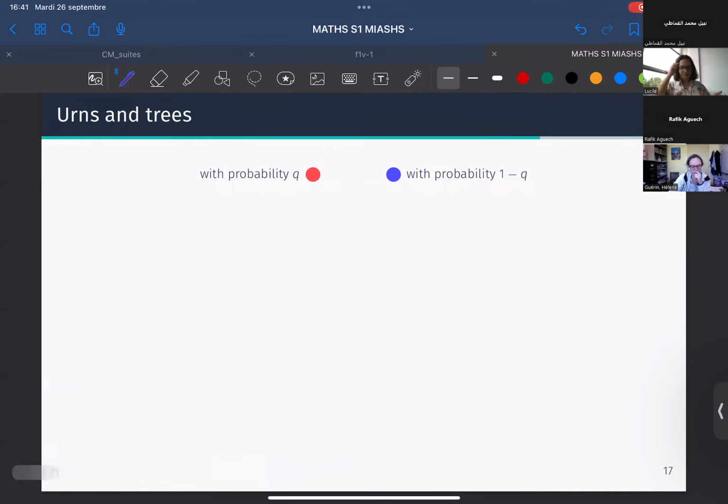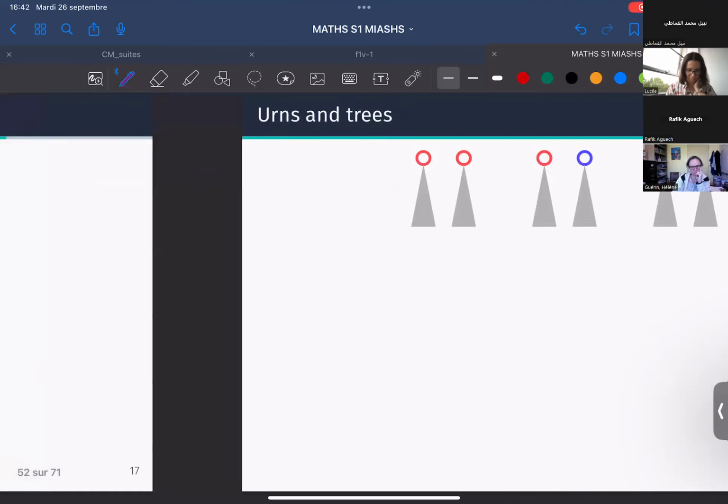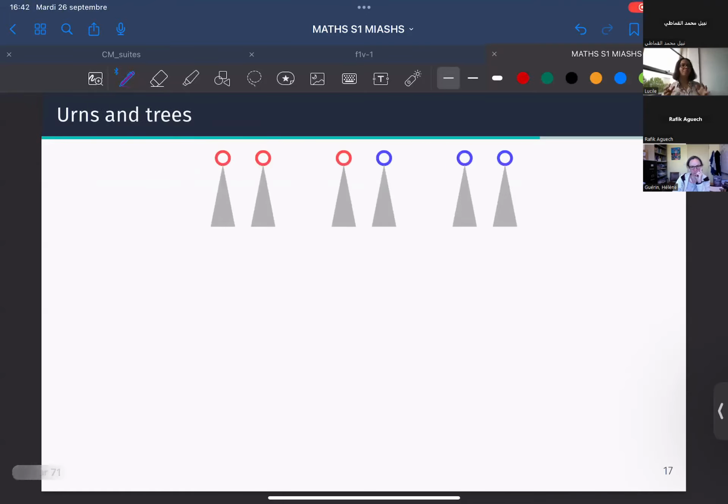So the idea is that at first, if we still consider the urn process associated to the elephant random walk, you have one red ball with probability Q, or one blue ball with probability 1 minus Q. And you almost know what you have at time 2.